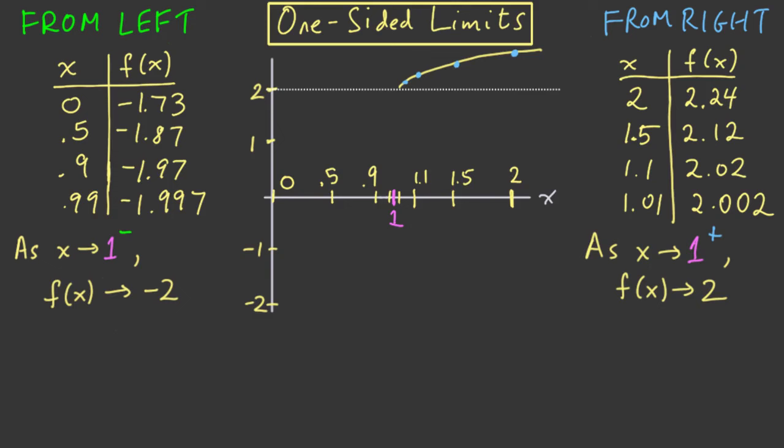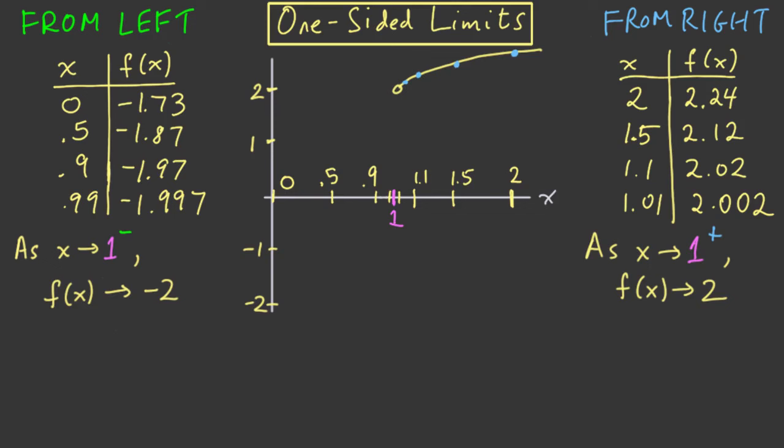We would have had a 0 denominator, which means that there is no point on the graph where the x-coordinate is 1. So we're going to put this open circle here to remind us that this point (1, 2) is not actually on the graph. But that's okay. If we're just talking about x approaching 1, that means we only care about values of x that are near 1, not equal to 1.